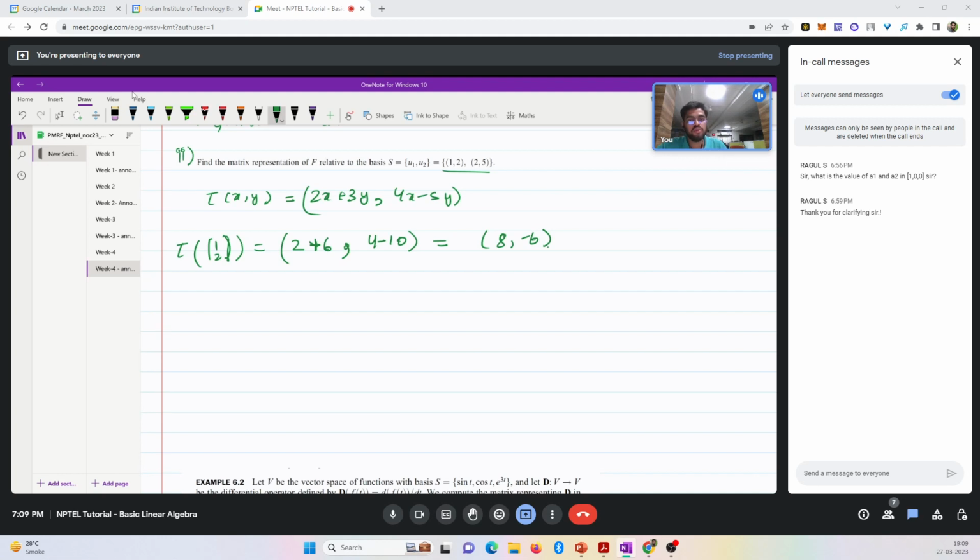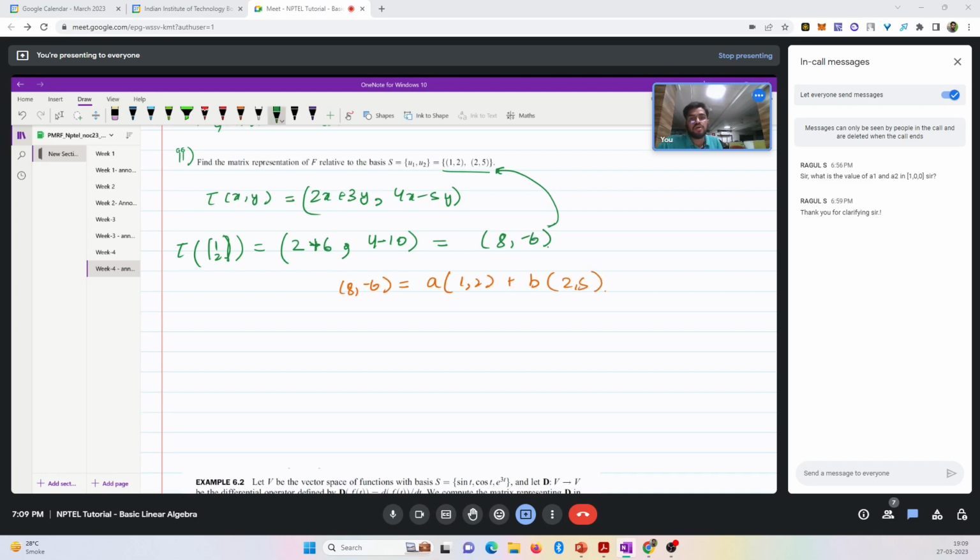Now, as we were doing before, we need to write this 8 comma minus 6 as a sum of elements of the basis, in terms of 1 comma 2 and 2 comma 5. So what we want is that 8 comma minus 6 is equal to some a times 1 comma 2 plus some b times 2 comma 5.